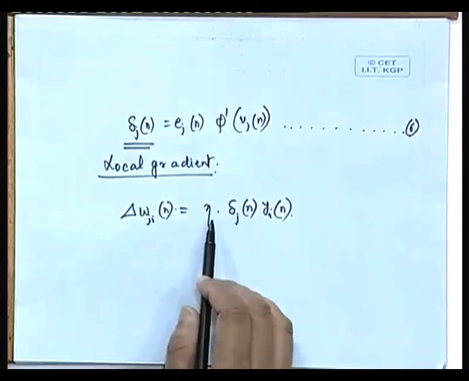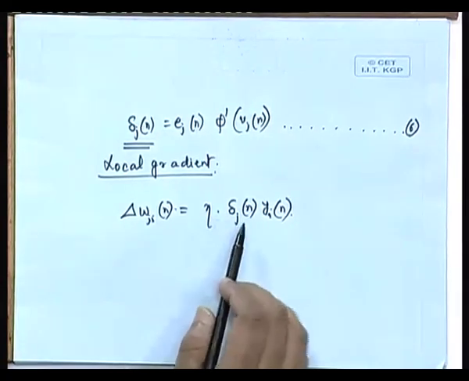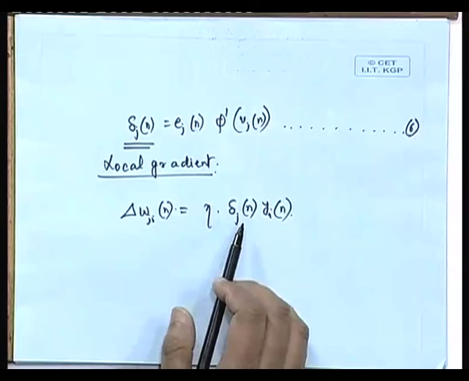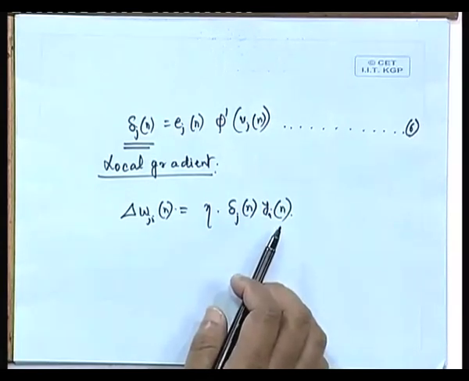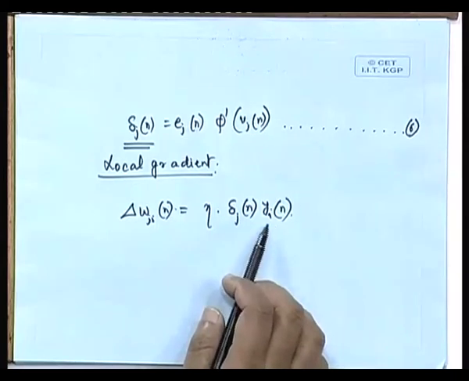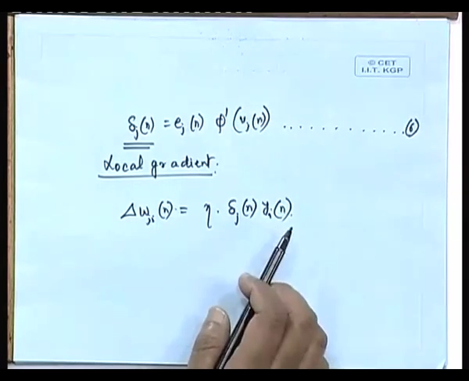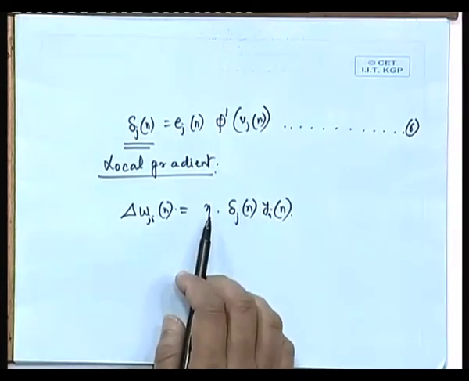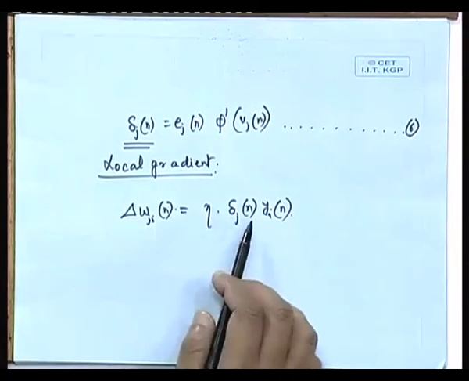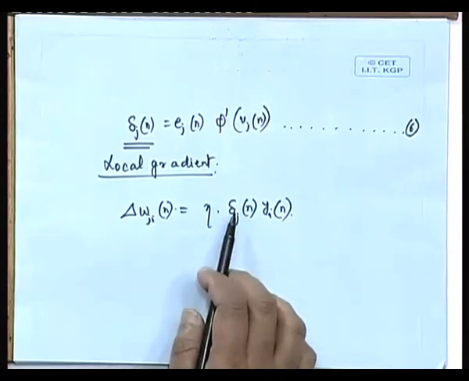So you see, this is a very interesting equation that we have got, that is delta w_ji(n), the change of weight, equal to the learning rate times the local gradient times the input to the neuron j, which is in the form of y_i(n). Since y_i(n) will be known, eta is a given learning rate, what we have to get is the local gradient.